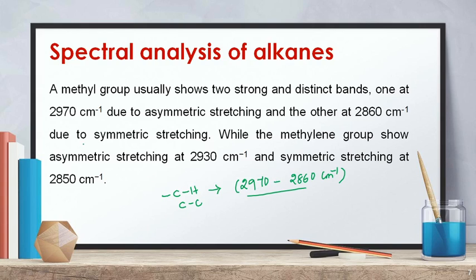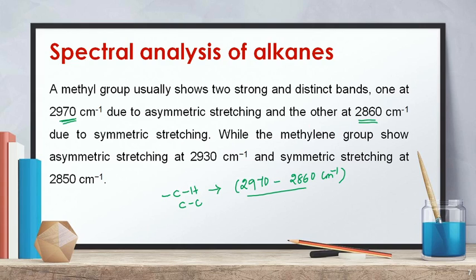Here I am giving the detail for methyl group and methylene group also. The methyl group usually shows 2 strong and distinct bands. One band is at 2970 centimeter inverse, due to asymmetrical stretching, and the other is at 2860 centimeter inverse, due to symmetrical stretching.